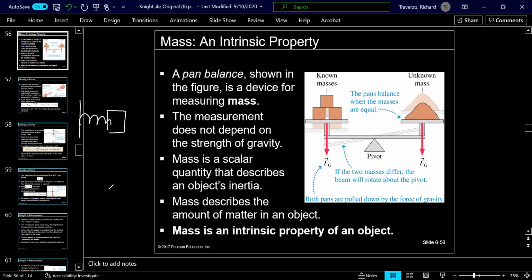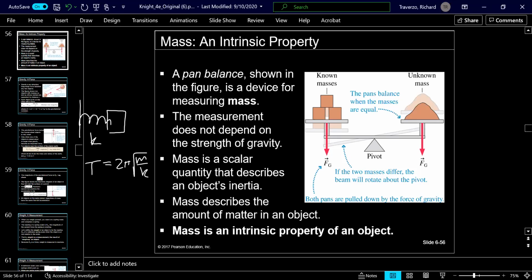If you know the stiffness of the spring, the spring constant, it turns out the period of oscillation is 2 pi times root m over k. So you could solve for the mass here.